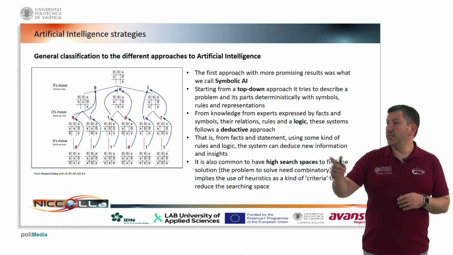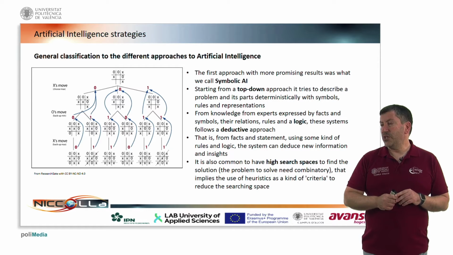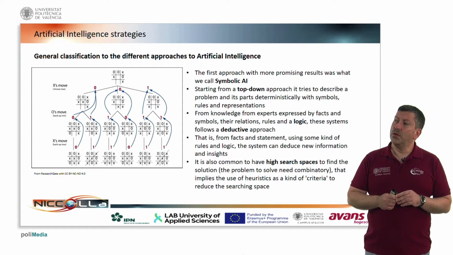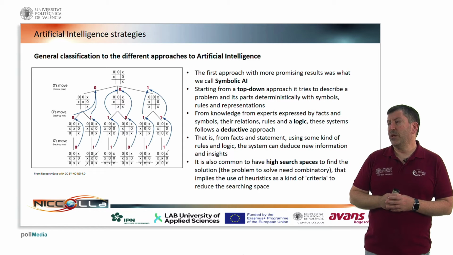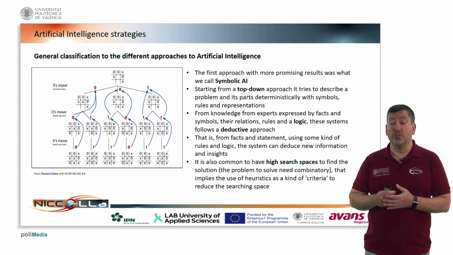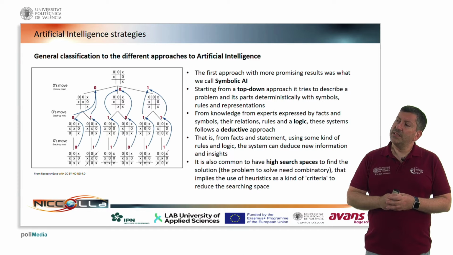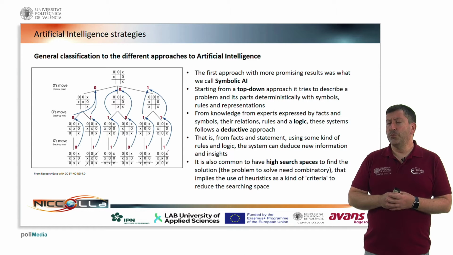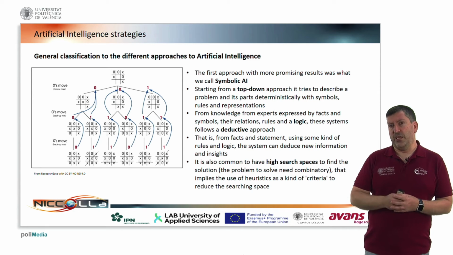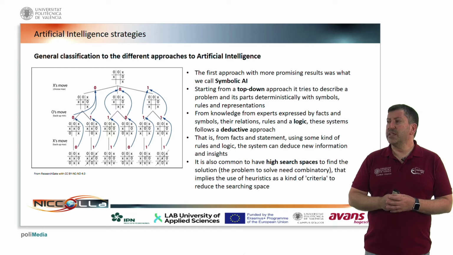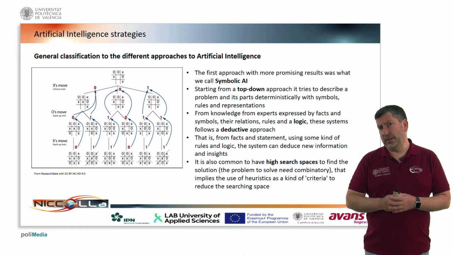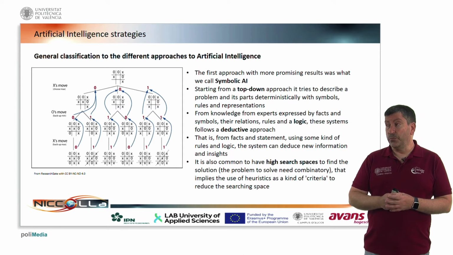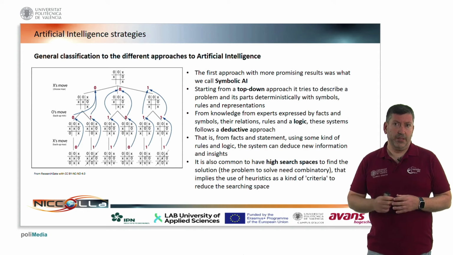So here you can see in this image the tic-tac-toe game, okay? This is a traditional problem we have been able to solve using what we call symbolic AI. What we do basically is make the computer explore all the combinations. So the computer is able to know exactly what is the right movement to do, because the algorithm has explored all the search space.